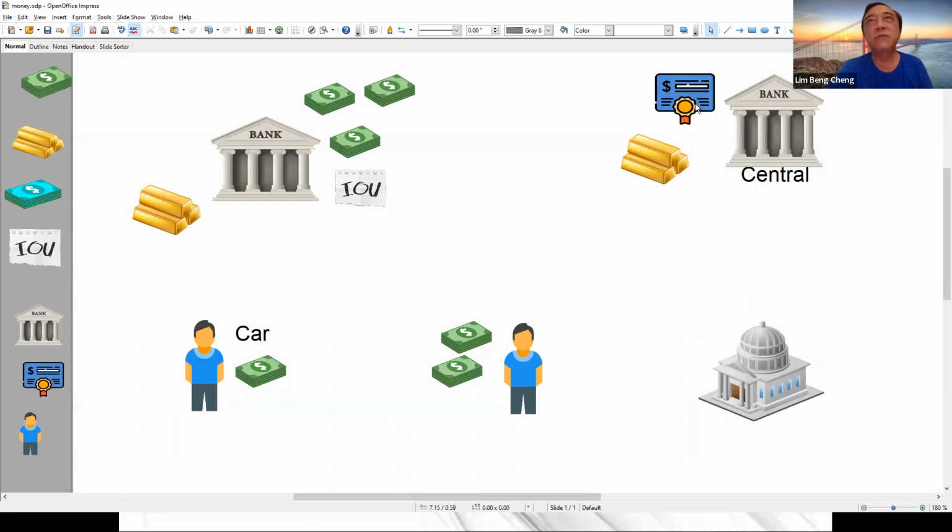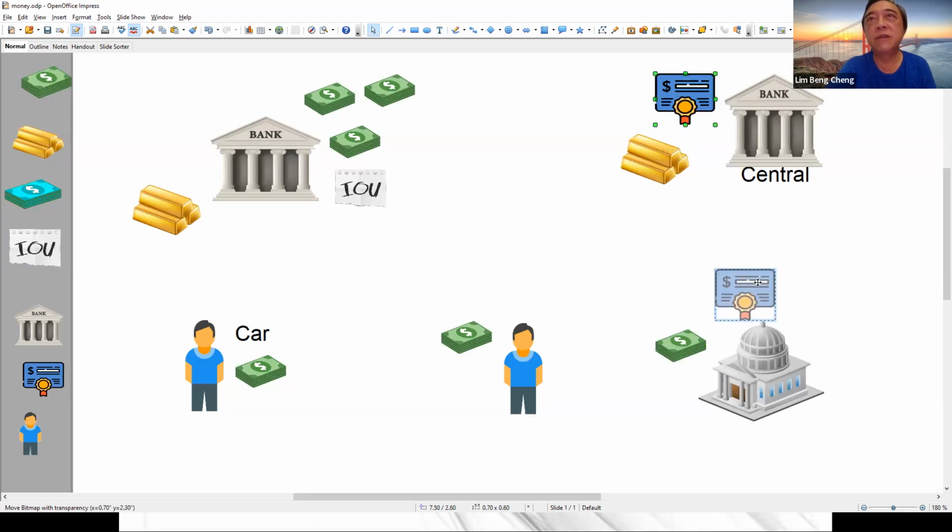Eventually, it will be swamped with bonds. How to eliminate this? So the government has to have a certain way, like taxation. So you say, okay, I tax you because you are a rich man. So he takes some money back. And then this central bank can return the bond, it gives you back the money.